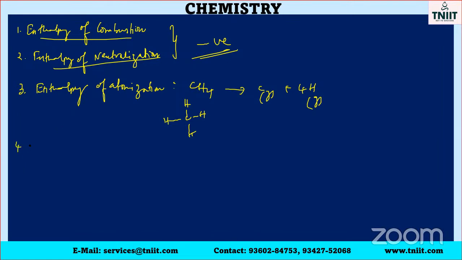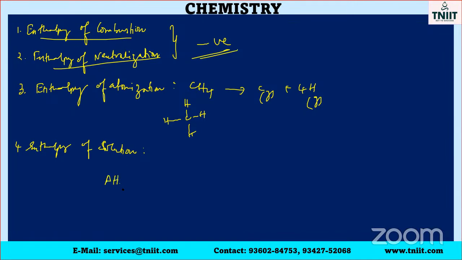Now the fourth is enthalpy of solution. Enthalpy of solution is the amount of heat change observed when 1 mole of a solute is added into 1 liter of the solvent.